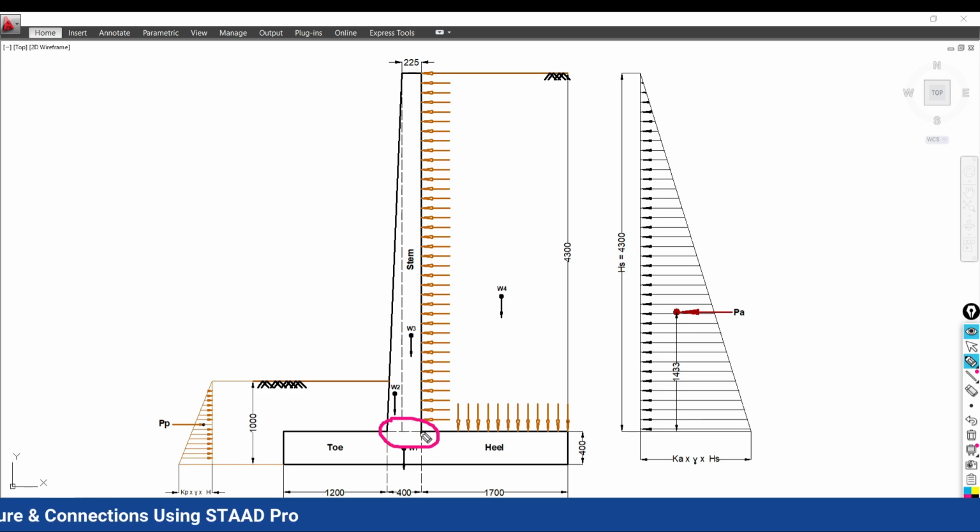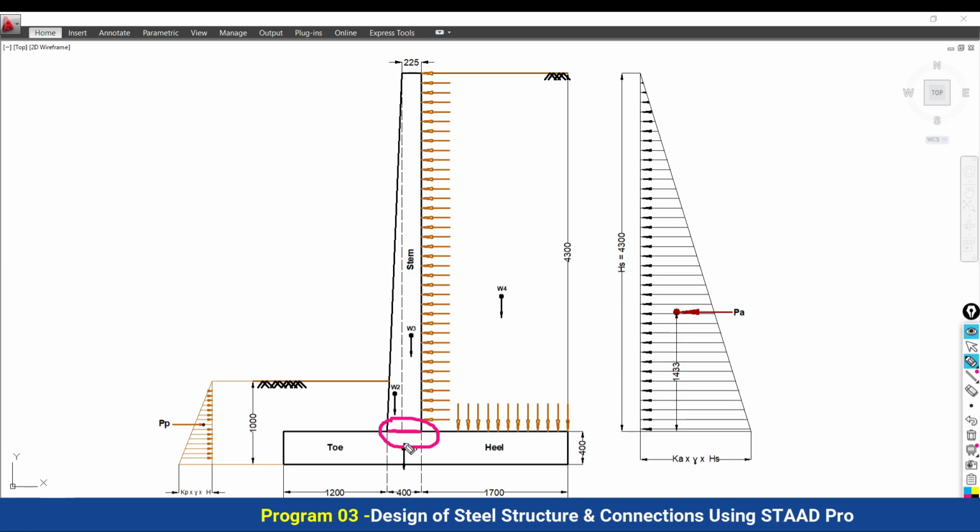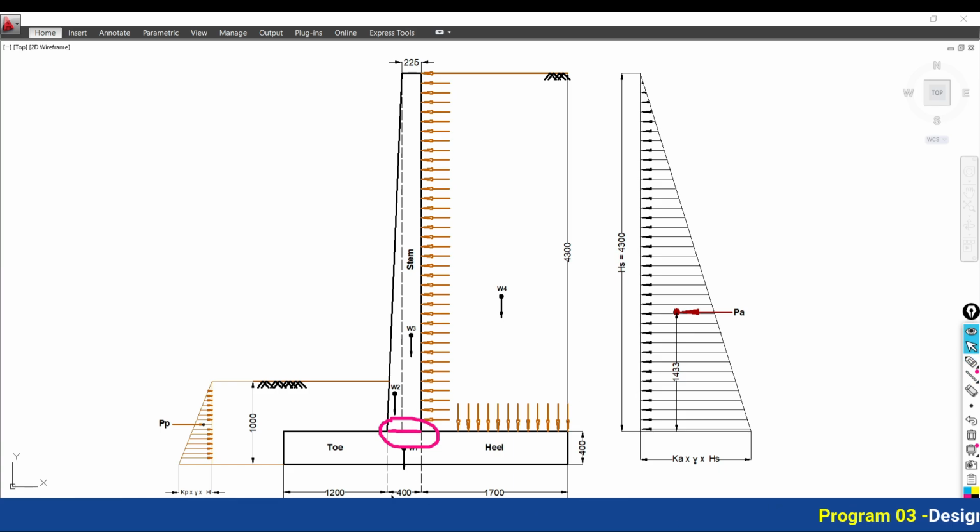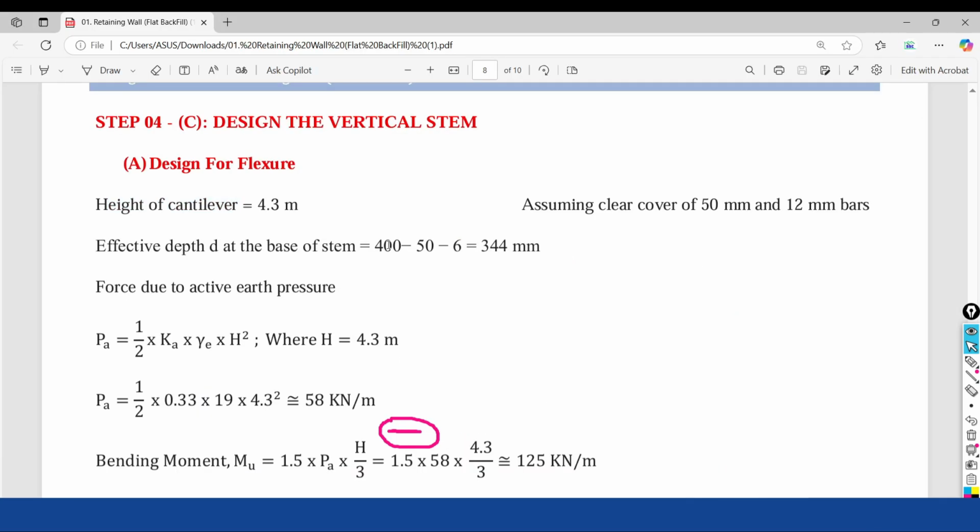So that's why we are going to consider the thickness at this section, that is 400. So overall depth is 400. Now just come to the calculation: 400 minus clear cover 50 minus half of the diameter of the bar that you have assumed. So it is 344 mm.